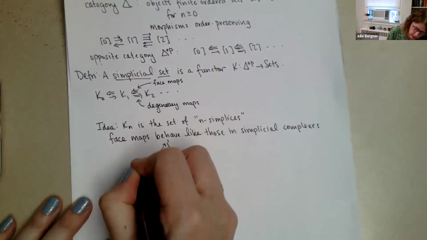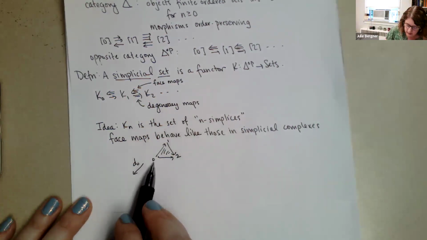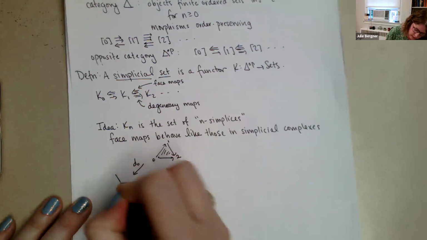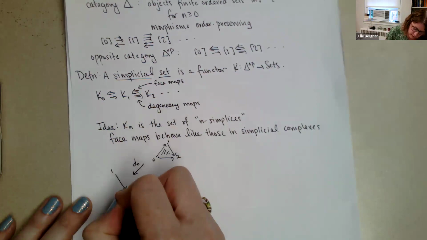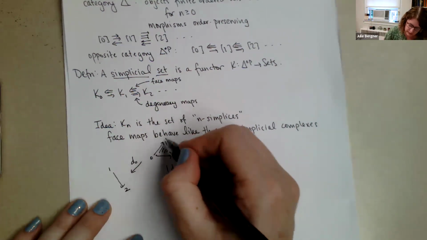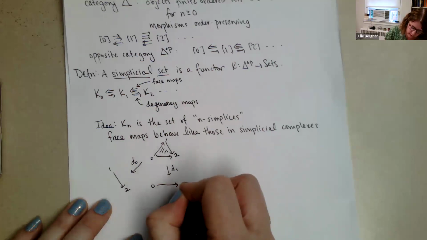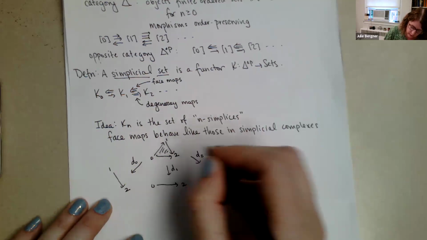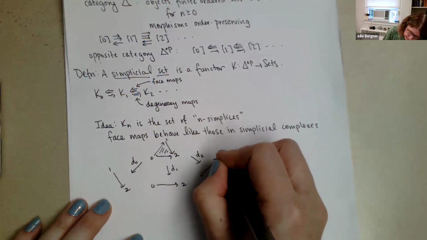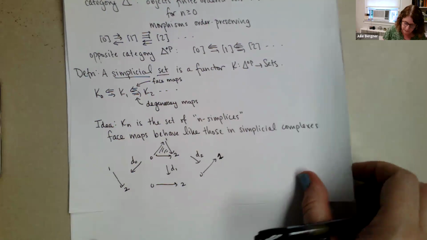We have D0, and you just take the face that you get by omitting the 0 vertex, so we're left with this face that goes from 1 to 2. Similarly, D1, we leave off the vertex 1, and we're left with the arrow from 0 to 2. And finally, D2, we leave off the 2 vertex, and we're left with the face from 0 to 1.